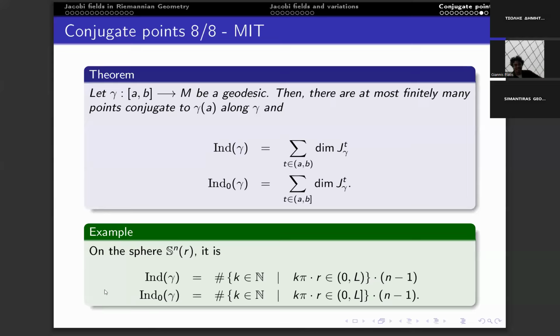We can calculate the index on the example of the n-dimensional sphere of radius 1 by this formula, because we have a conjugate point every time.